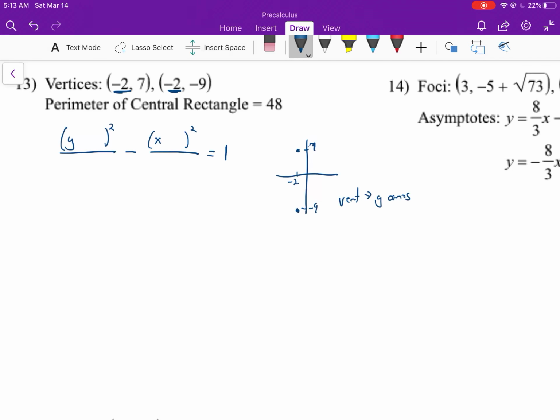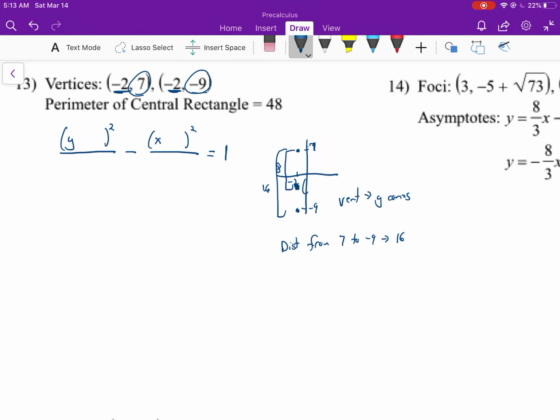With this, we can easily find the center. What's the distance from 7 to negative 9? Well, that distance is 16. So that's this whole distance, which means from those vertices to the center is going to be 8. So this distance is 8, and that can help us find this value.